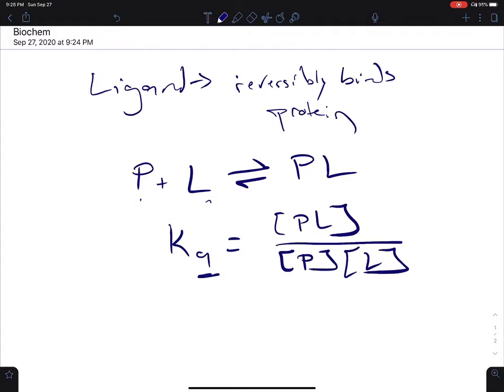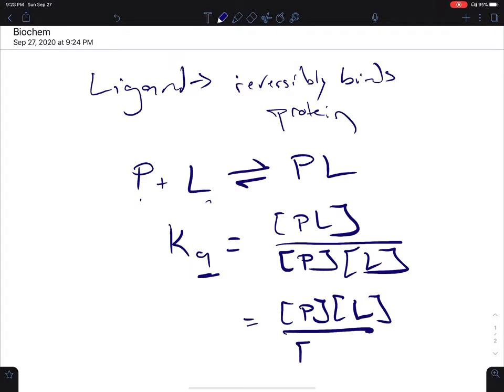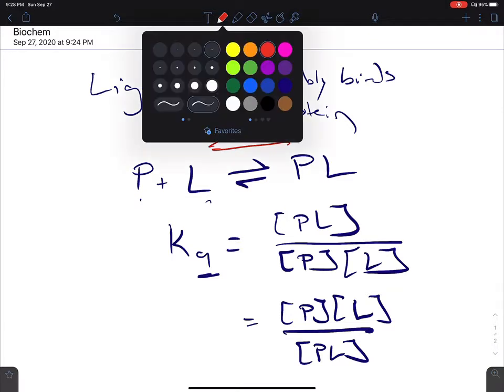Now we can flip this, right? And simply say if we take the inverse of this, which is the PL over P times L, this is simply taking this reaction backwards, and we define that as a KD.